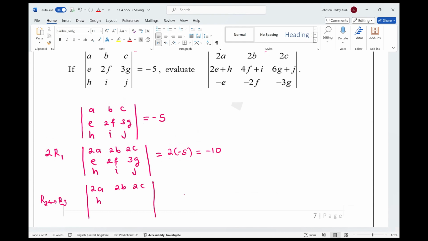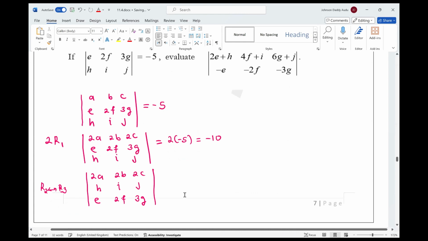This will become H, this will become I, this will become J, this becomes E, this becomes 2F, this becomes 3G. And because I've done this interchange, I have to multiply by minus, so this is going to be minus minus 10. So the determinant is going to be 10.